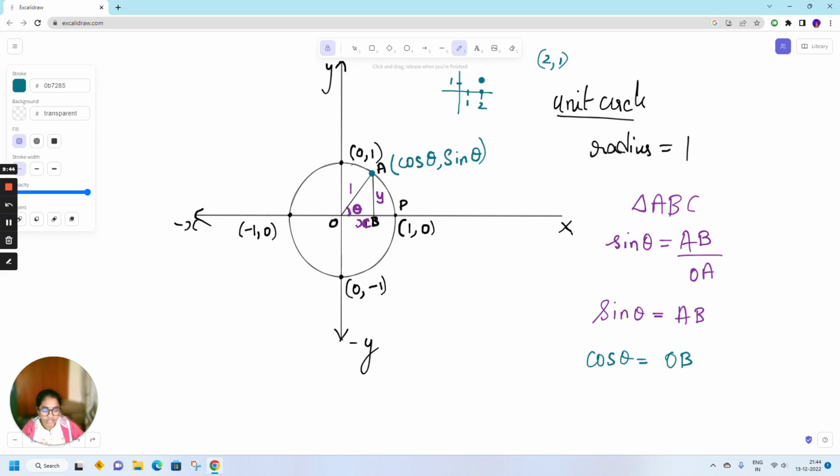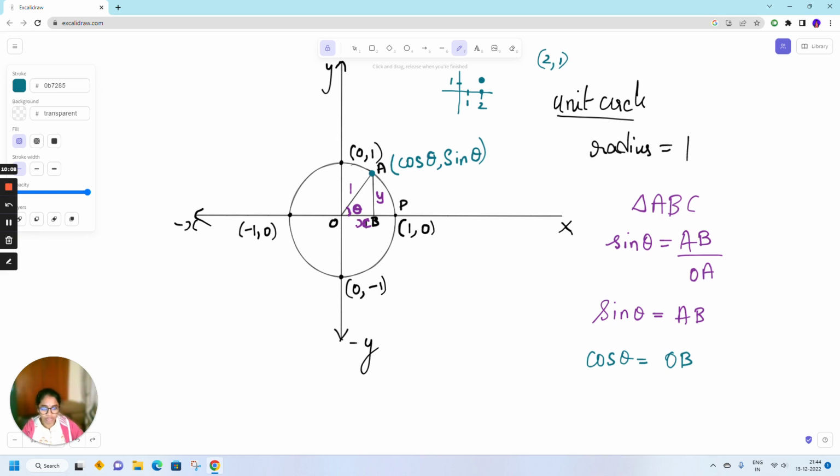In this similar way, if you take the radius at any point on this circle and find sine theta and cos theta, you would find the same coordinate points.